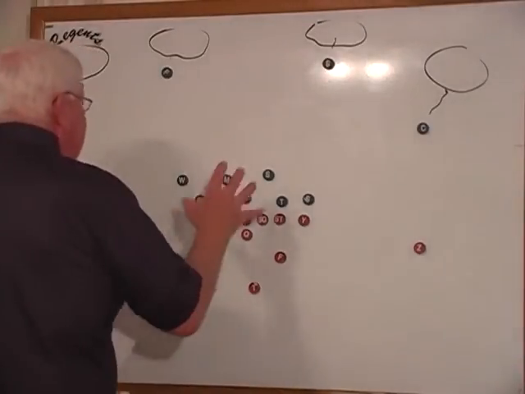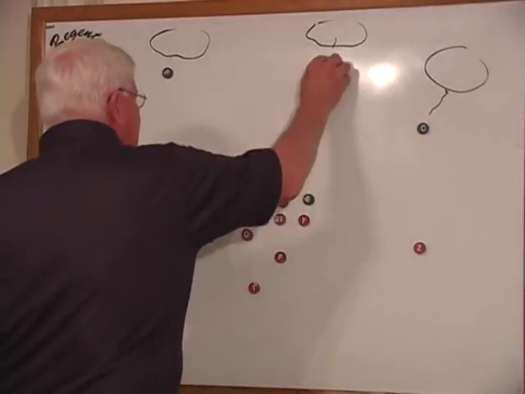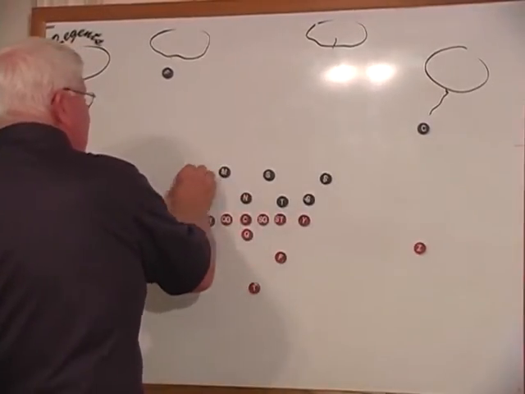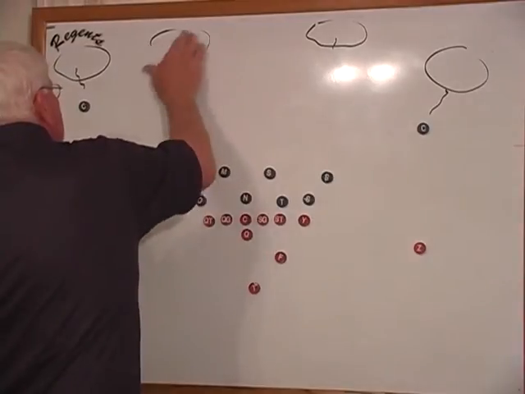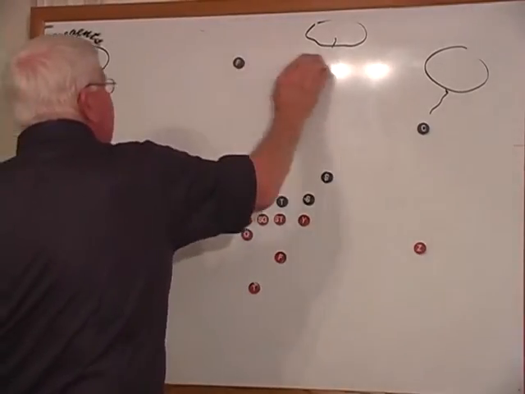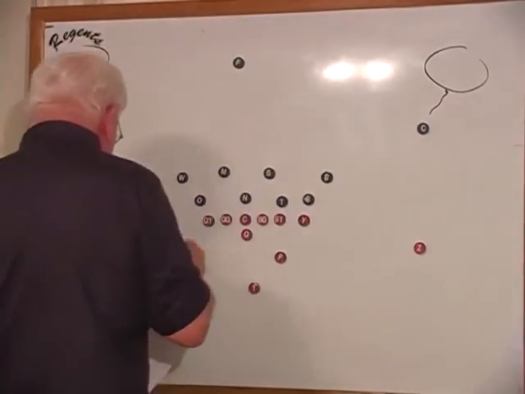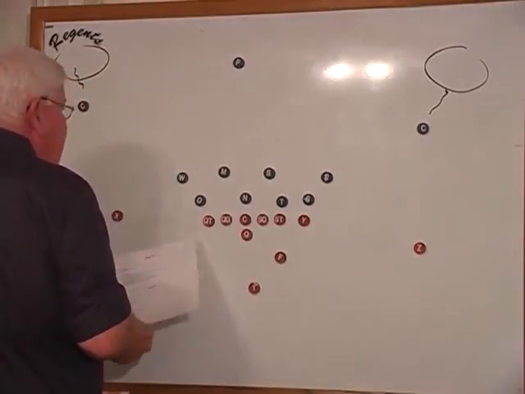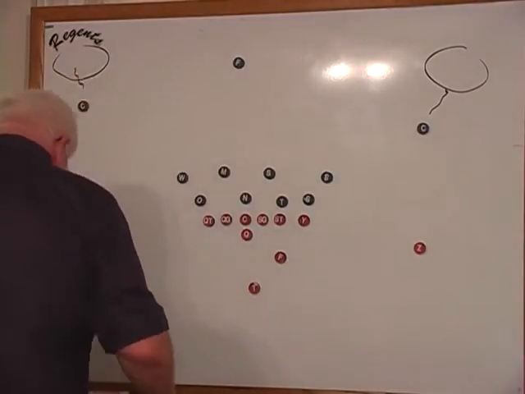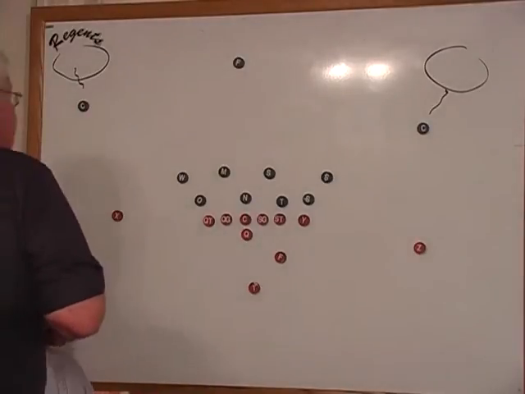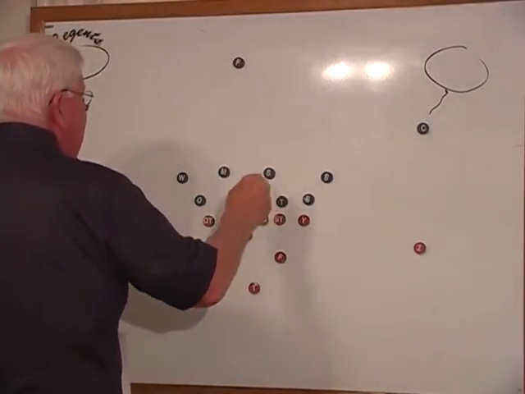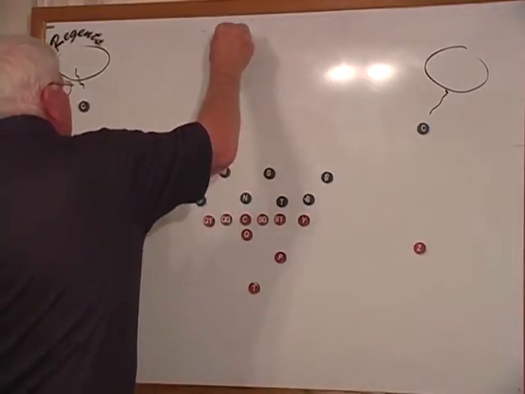Now, 8-man fronts, what they do is they get 8 people in here, kind of defense in the box. But in 8-man front defenses, they've used 8 people here, so they've only got 3 left.